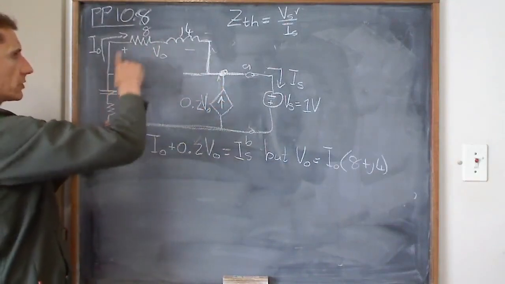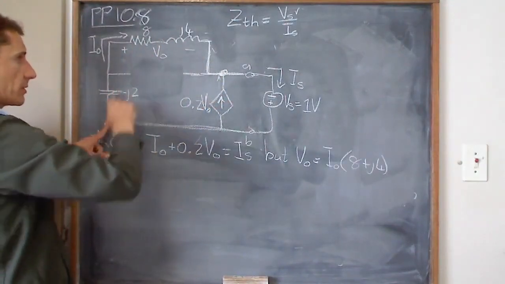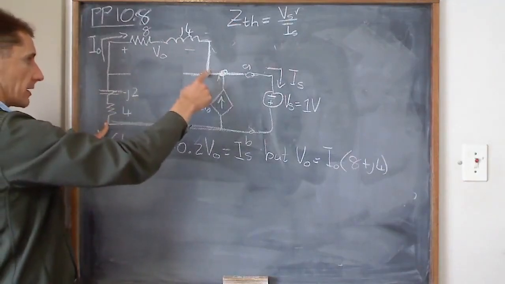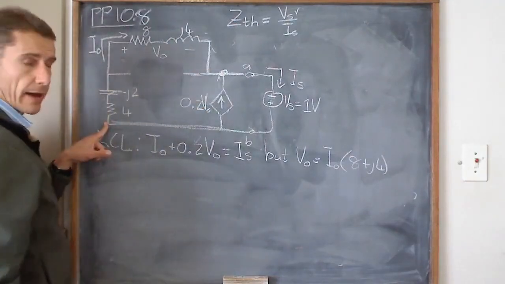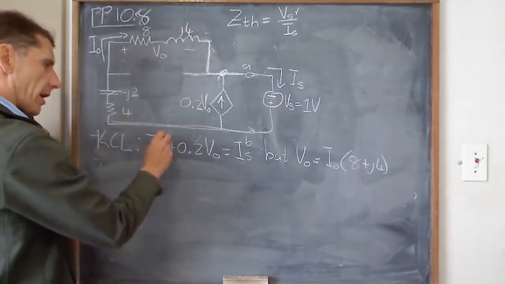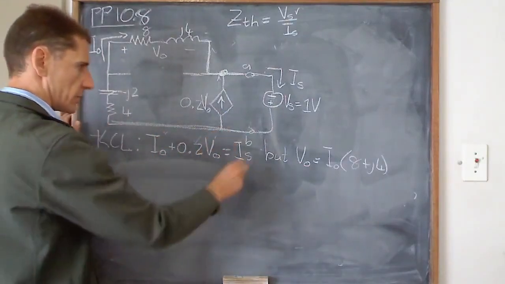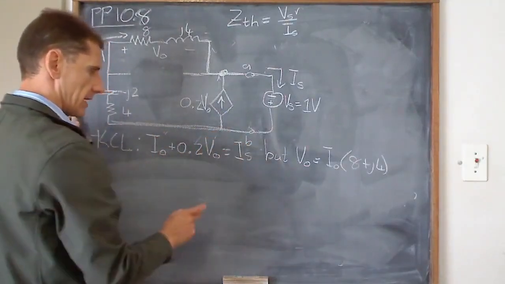It's 1 volt across this whole bit with a positive at the bottom, negative on that side. Can you calculate I out? Yes, you can. If I have I out, I have V out, which means I will have Vs.